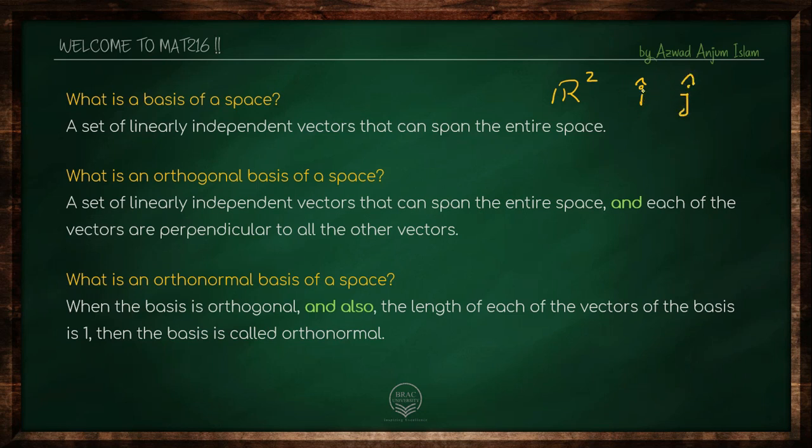We already know i hat is perpendicular to j hat, and the length of i hat is 1, the length of j hat is 1. So we can say that the standard basis is an orthonormal basis. Similarly, for R3, we have i hat, j hat, and k hat. All of them are perpendicular to each other. The length of each of these three vectors is 1. So we can say that this basis is also an orthonormal basis.